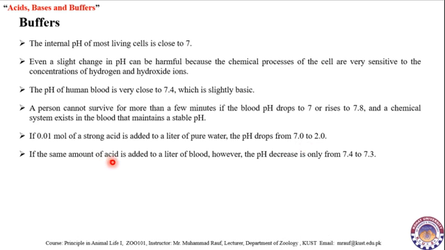If the same amount of acid is added to a liter of blood, however, the pH decreases only from 7.4 to 7.3. Imagine, there is a strong, highly efficient system in blood which maintains the pH of blood irrespective of any addition of acid or base.